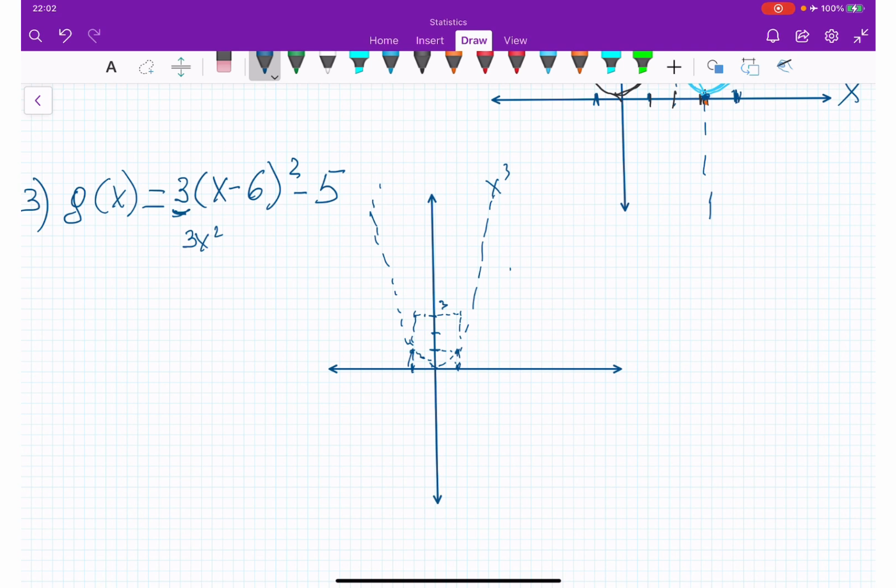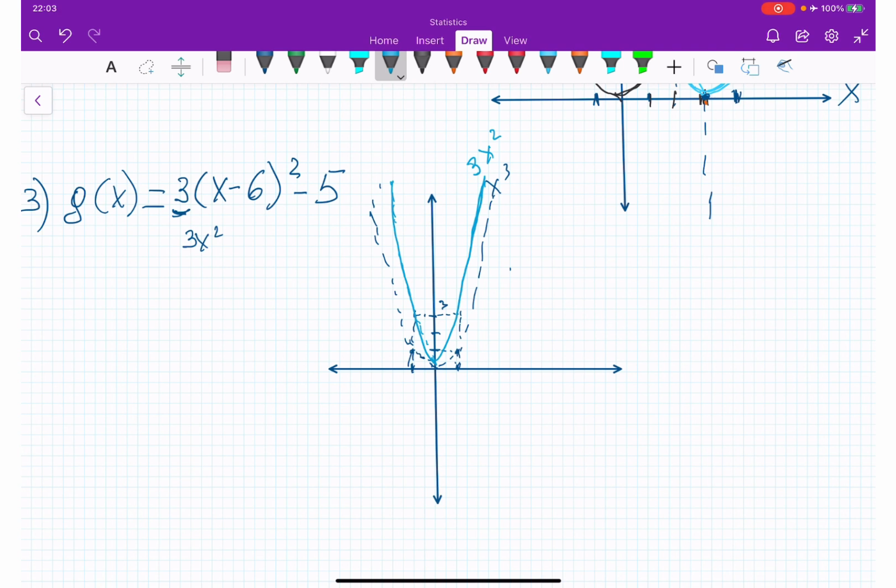So I'm going to have a much narrower graph, right? Okay, this is going to be my 3x squared. Now I'm going to work with this 3x squared.